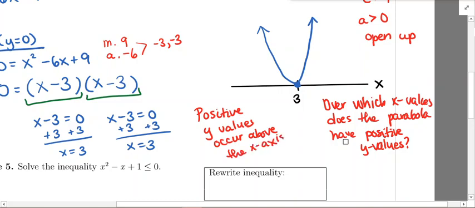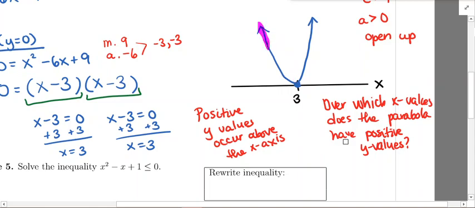So basically the entire parabola is above the x-axis, except at the x-intercept. At the x-intercept, the parabola is on the x-axis.